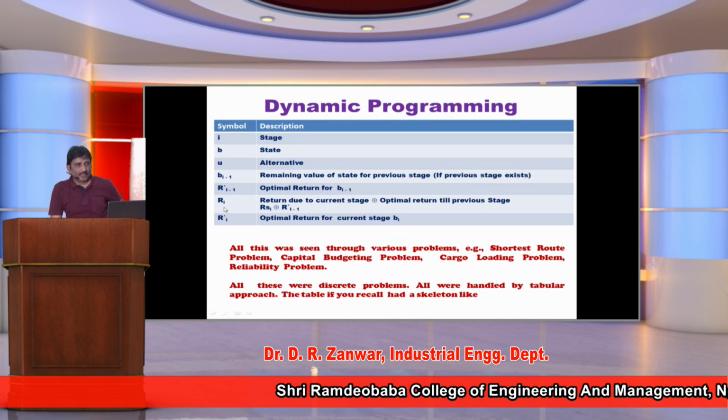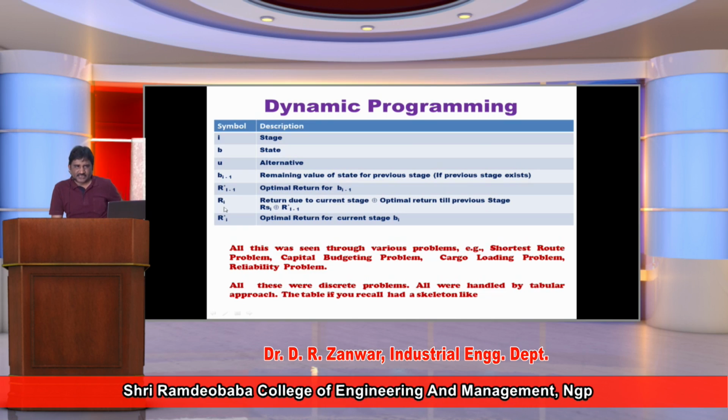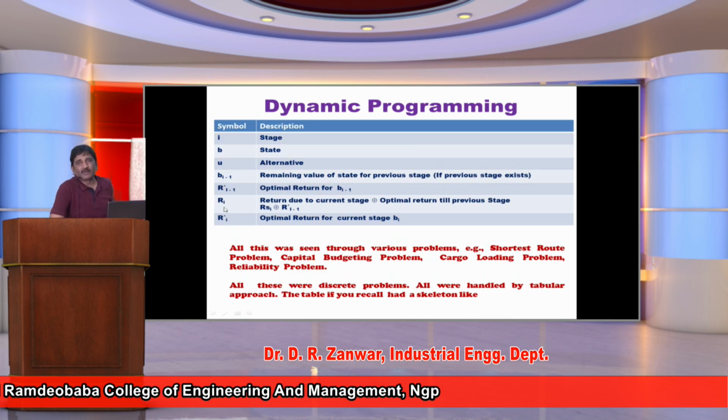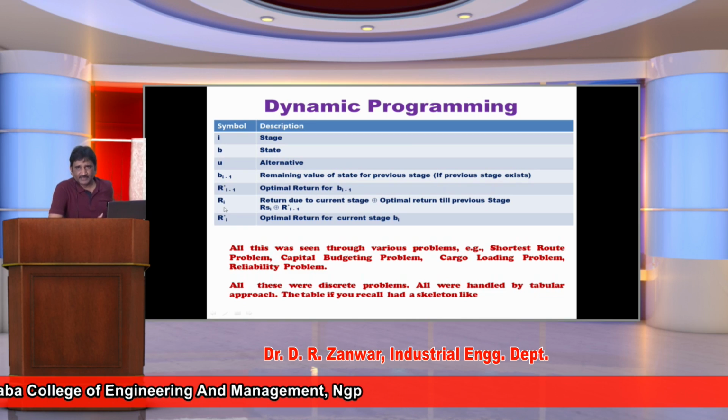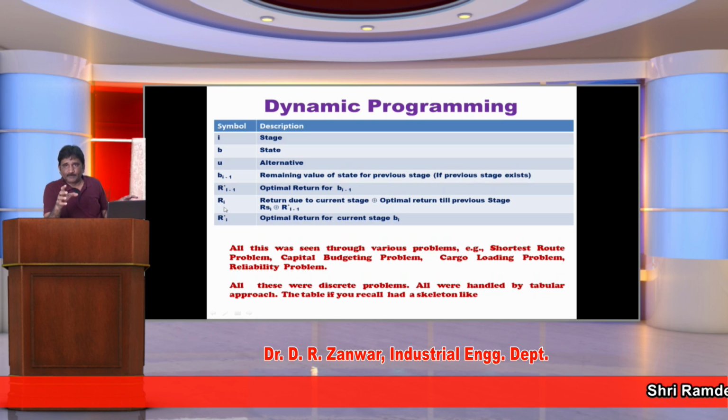In between you see a plus sign inscribed in a circle. That stands for some operator, might be plus, might be multiplied by, depending upon how you are chaining the previous return with the current return.